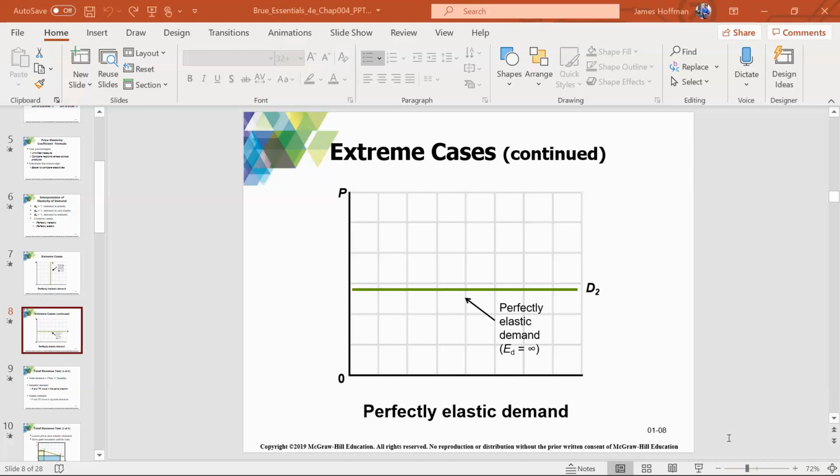So a good must be defined as a perfect substitute to have a perfectly elastic demand curve.